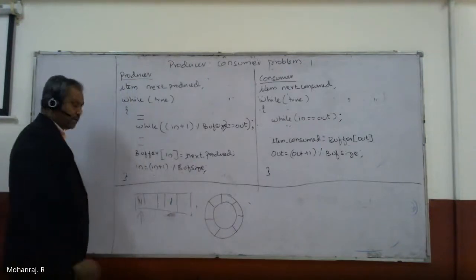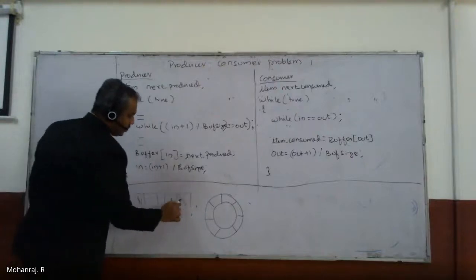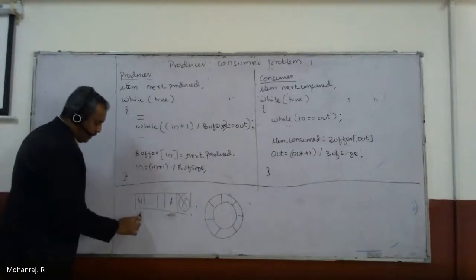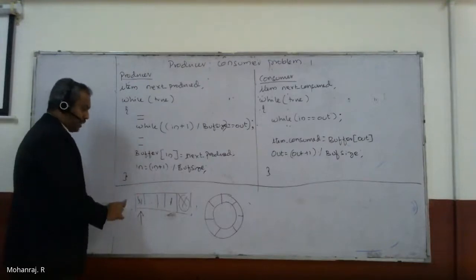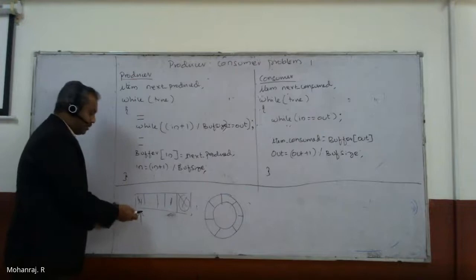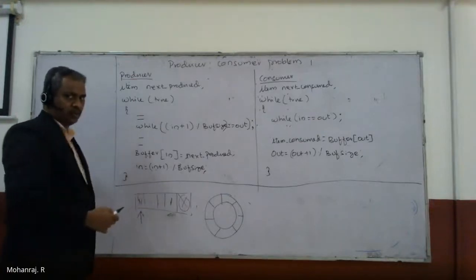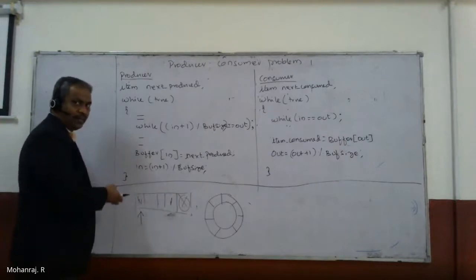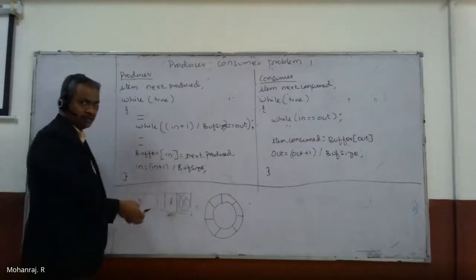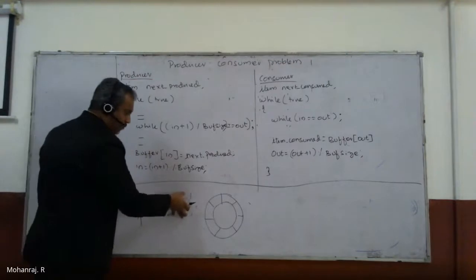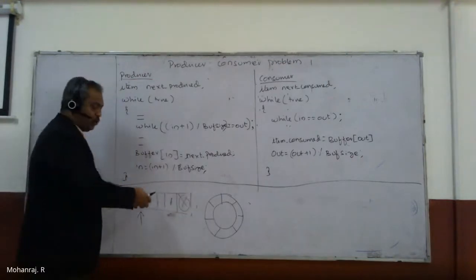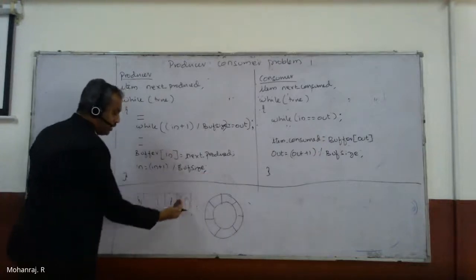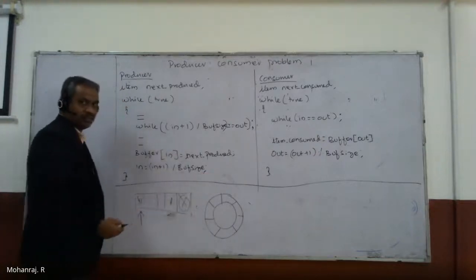Now this portion is free, and the pointer is pointing to the last item, so there is no space. To make room at this place, because the newly entered item cannot be placed at this end, because the item which entered the queue very first occupied this place and has been removed, the next item should be placed here, right?